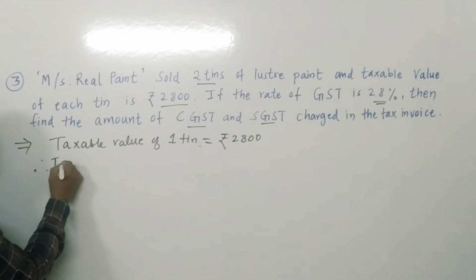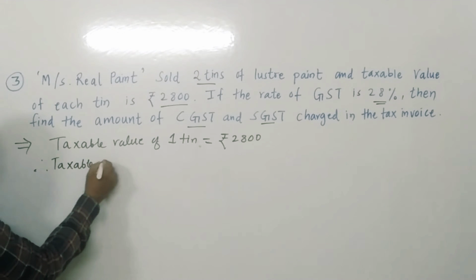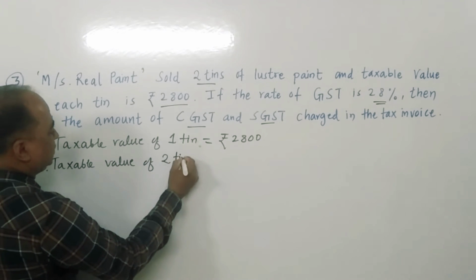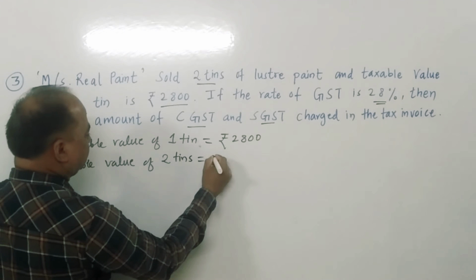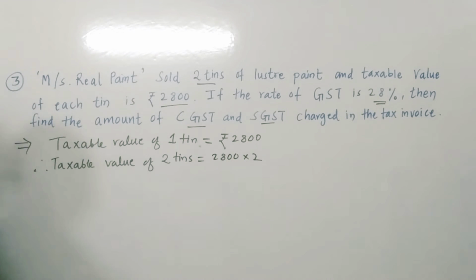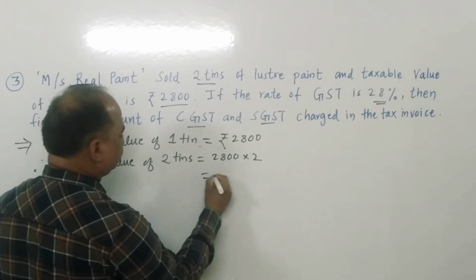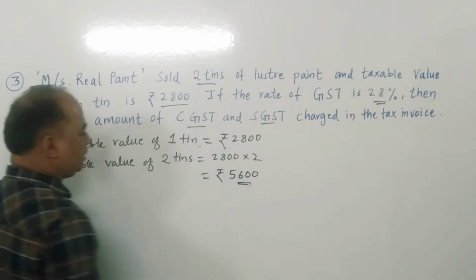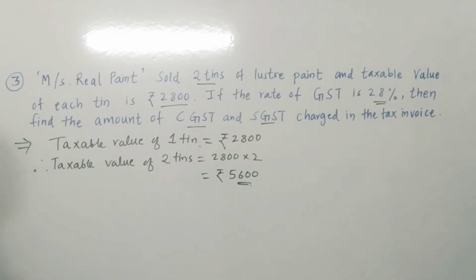So taxable value of two tins is equal to 2800 multiplied by 2, which is equal to rupees 5600. So 5,600 is the taxable value of two tins of luster pen.